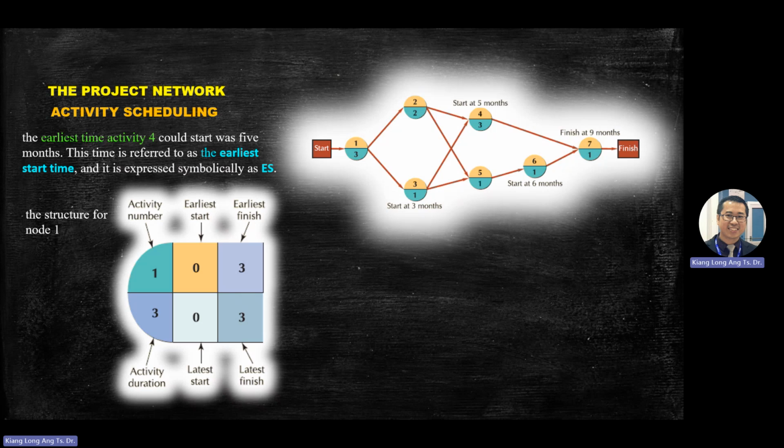Then at the back of the sentence you write LS equal to ES, you bracket. Third method, you write the sentence latest finish equal to earliest finish, you write LF equal to EF.